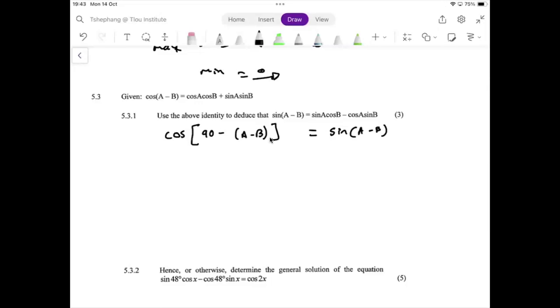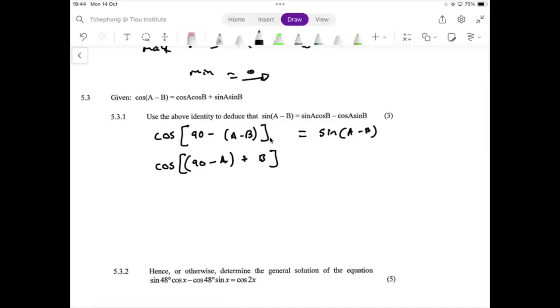So I will simply say that I have cos of (90 minus A) plus B. Okay, now once you have something like that, this will be the first angle, so this will be angle 1, and that will be angle 2.